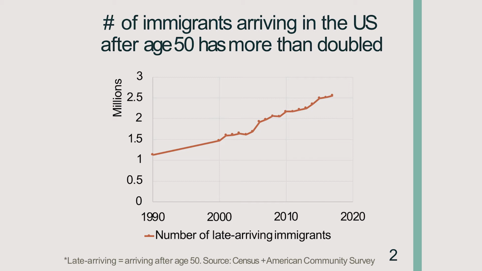This number has more than doubled since 1990. And so these immigrants potentially have different migration processes and different selection mechanisms. And so it's very possible that they may have very different initial health profiles compared with their earlier arriving counterparts.